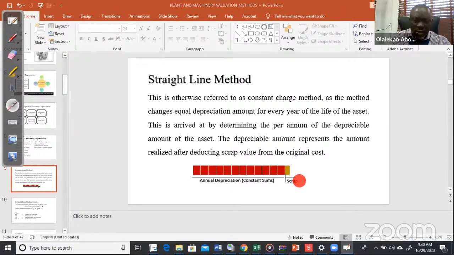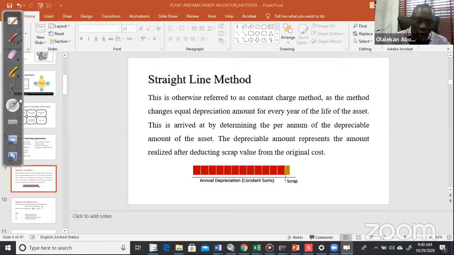I take the whole of the length of these graphics to be the cost of the asset. Now, I take all those tranches in red to be what you can write off with depreciation. The other color here represents scrap value. That one will still remain whether you like it or not. It might be scrap, it might not be salvage, but there will still be something left over.